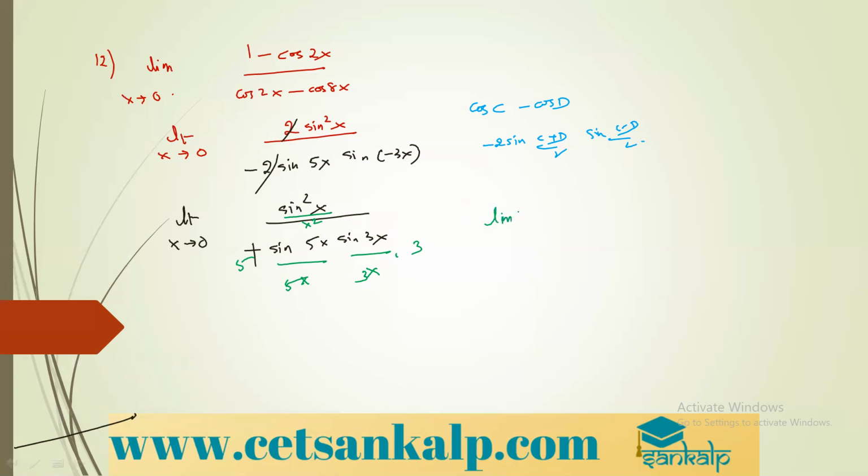So that I can write limit of sine x by x whole square by 15 into sine 5x by 5x into sine 3x by 3x. So as per the formula, this will become 1, this will become 1, this will become 1. So my final answer will be 1 by 15.